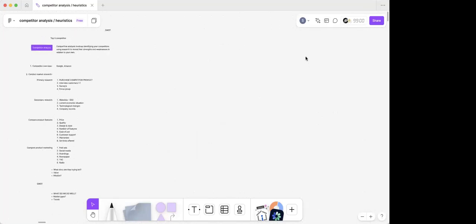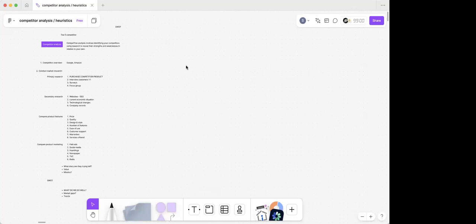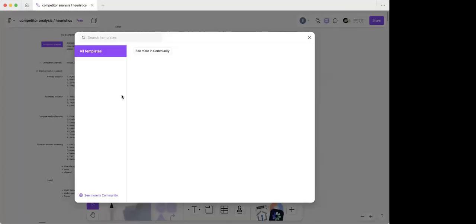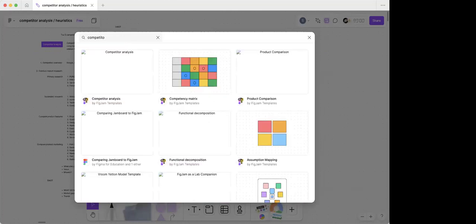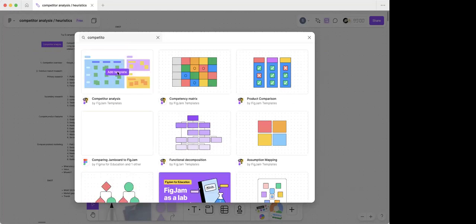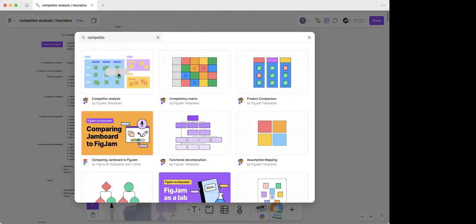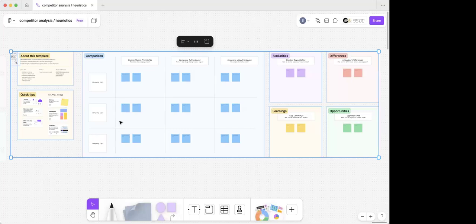I'll tell you how to get a template, but right now just observe, okay? So this is Figma. In this tool, you can see we get a template option. Over here, you just have to search for competitor analysis. So you get this template, add this template, okay?